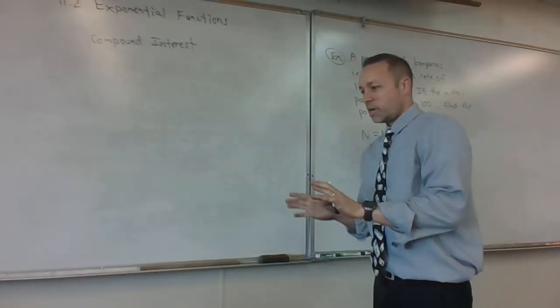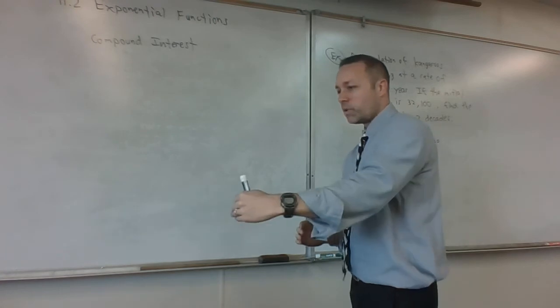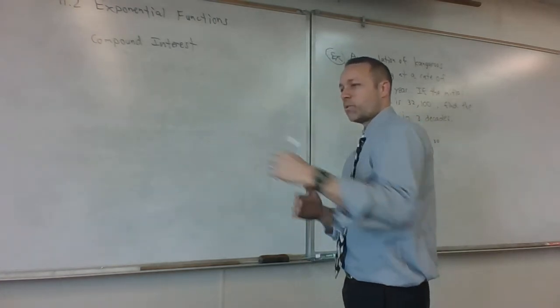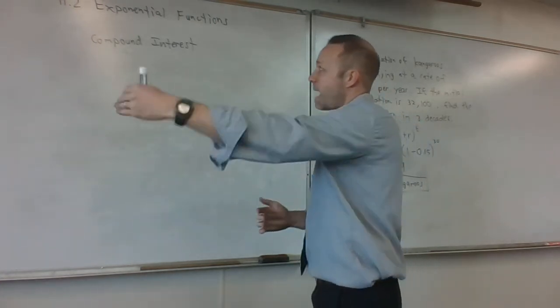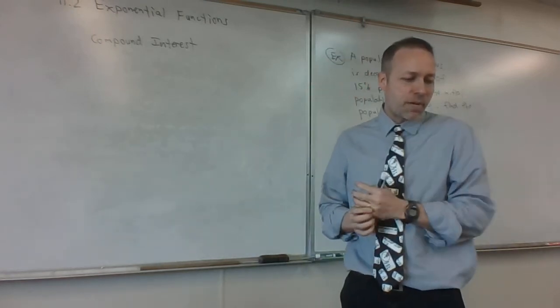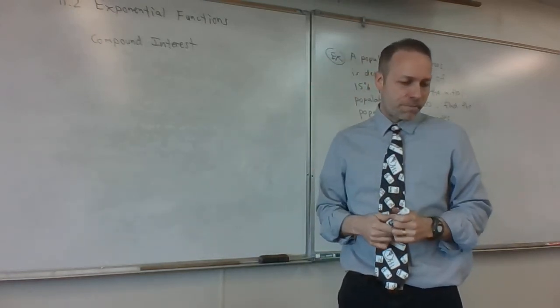With compound interest, there are specific intervals at which the interest is applied, or specific intervals at which the growth happens. And so the formula ends up being just a little bit different.